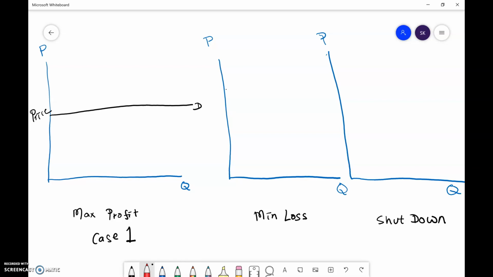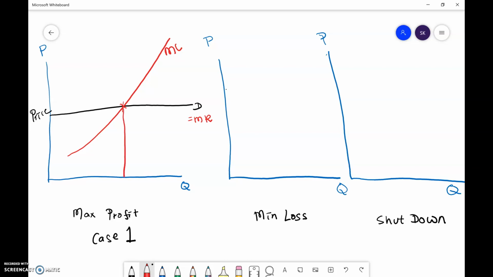I am looking at the marginal revenue and marginal cost approach. This is the marginal cost line. And always remember the demand curve is equal to the marginal revenue line. Now look at the point of intersection between the demand curve and the marginal cost curve.